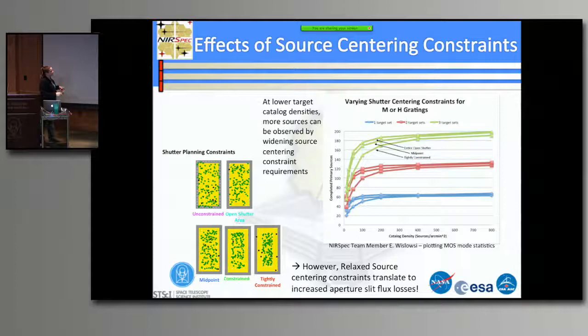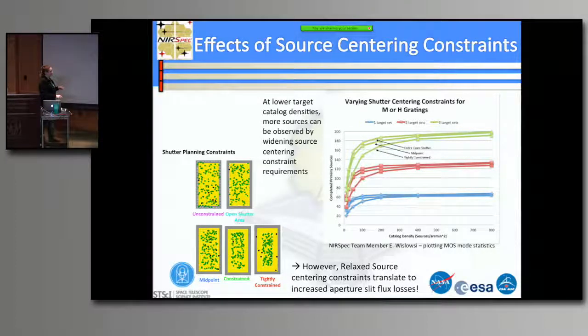This can affect multiplexing, and these are 3 plots that show, on the bottom, the tightly constrained multiplexing level as a function of catalog density. This is the number of sources in one configuration, the sum over 2 configurations, and the sum over 3 configurations.